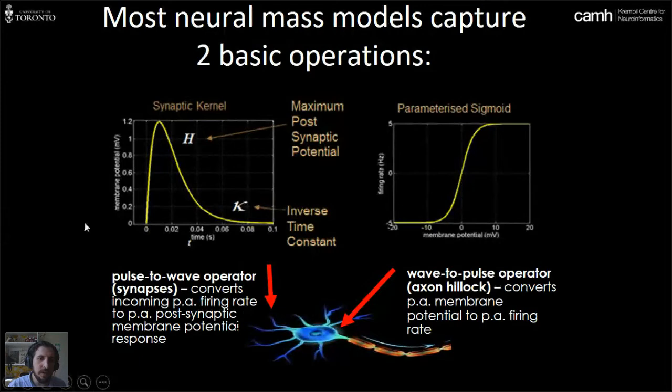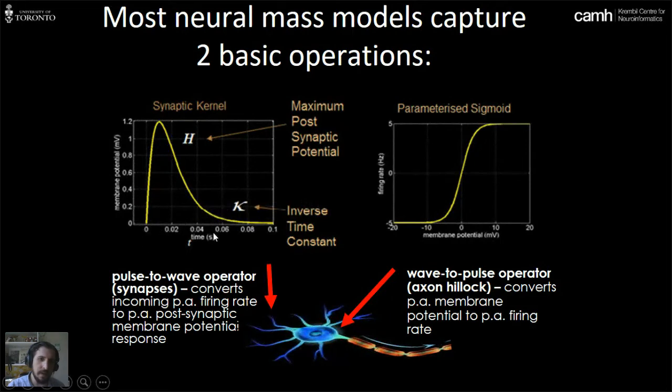So the function we have here on the left-hand side is what's often called a synaptic kernel or a synaptic response function. It describes how the neural population responds to its inputs as a function of time.